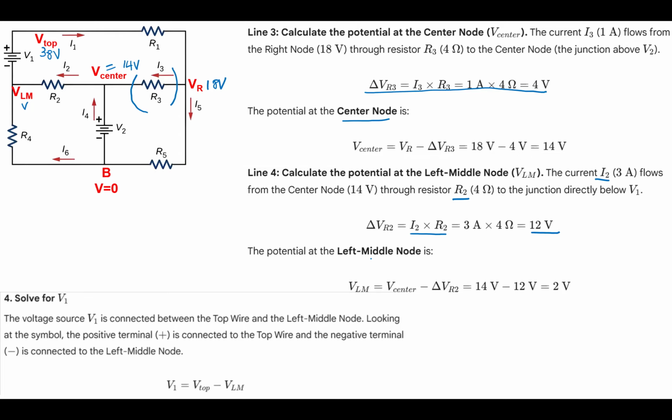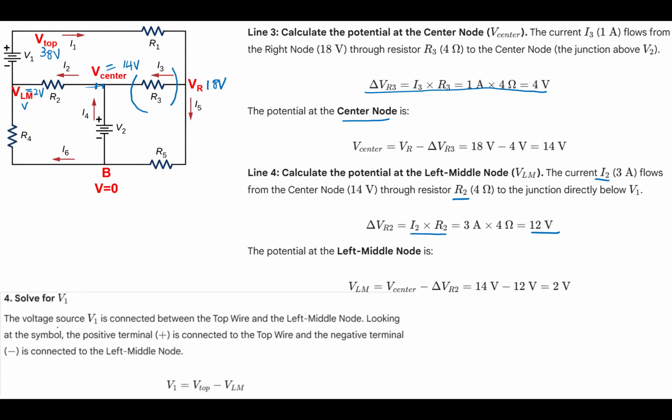Such that left middle node here is lower by this much in comparison to the center. So 14 volt is at the center, and then voltage is dropped by 12 volt, so that VLM equals 2 volt, okay?